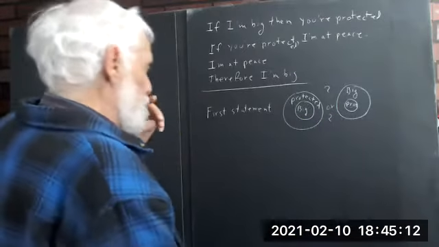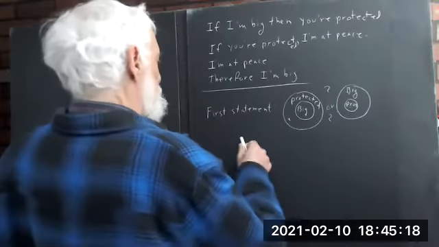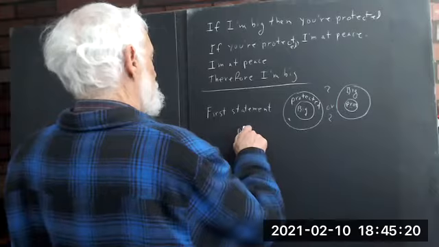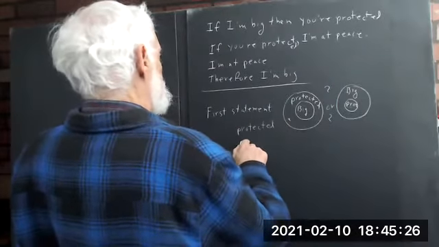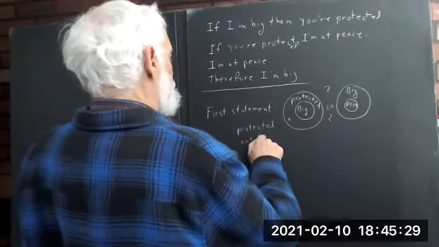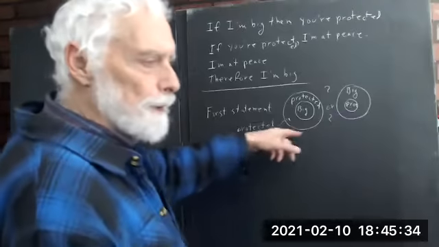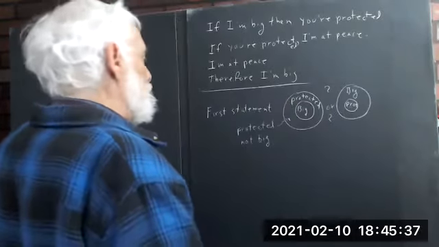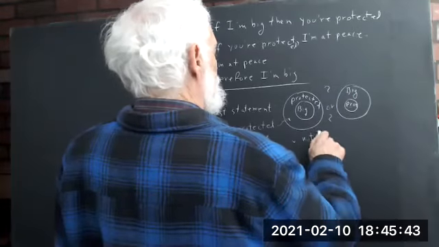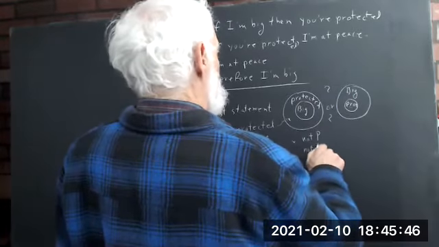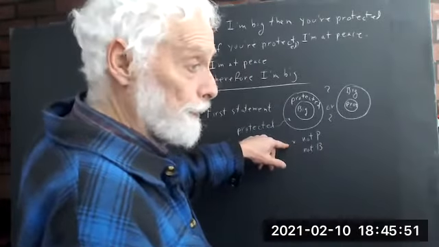Well, if I put an X here, means you're protected and I'm not big. So that's a possibility with these circles. Now out here, I'm just going to use P for protected. You're not protected, and I'm not big, if there's an X out here, and that's possible.